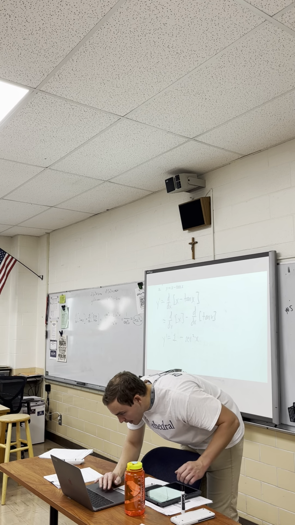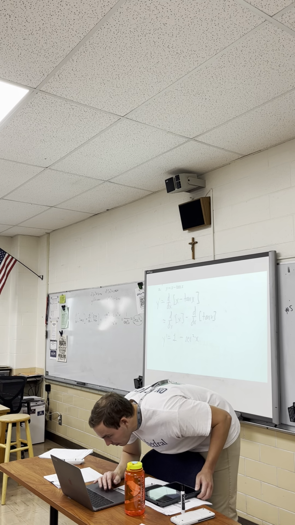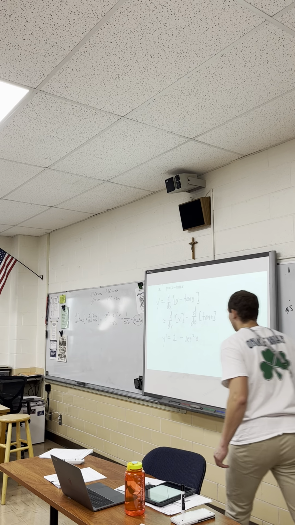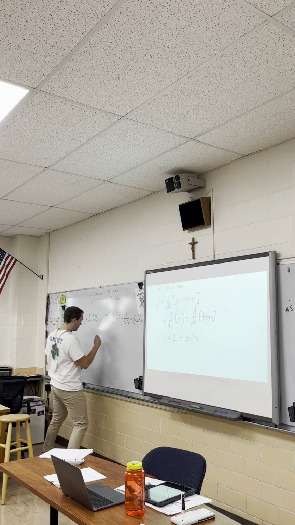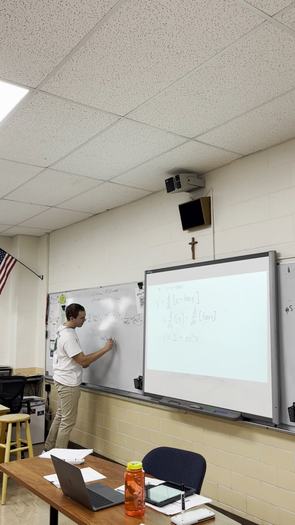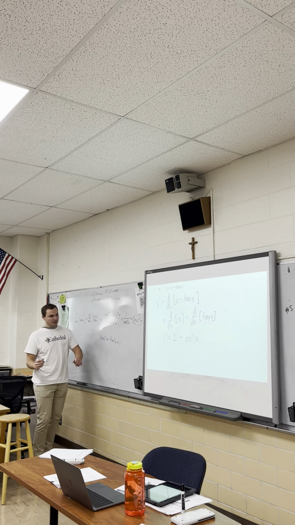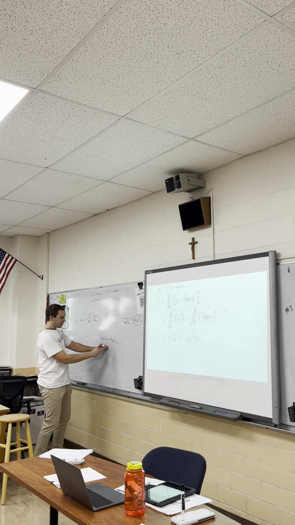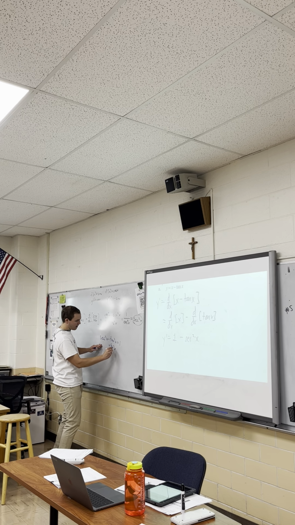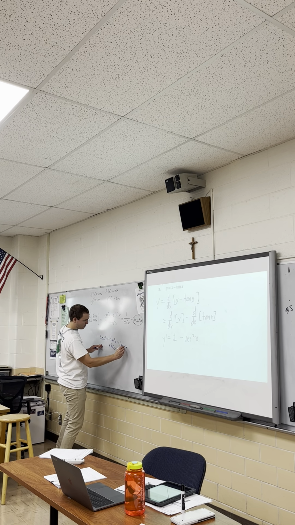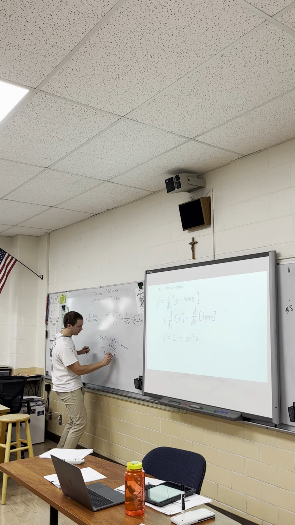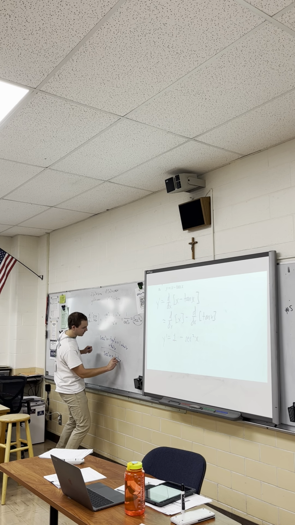All right, so there's a trig identity that's secant squared of x minus tangent squared of x equals 1. Okay, so we want 1 minus secant squared. So if I add tangent squared over here, I get secant squared x equals 1 plus tangent squared of x.